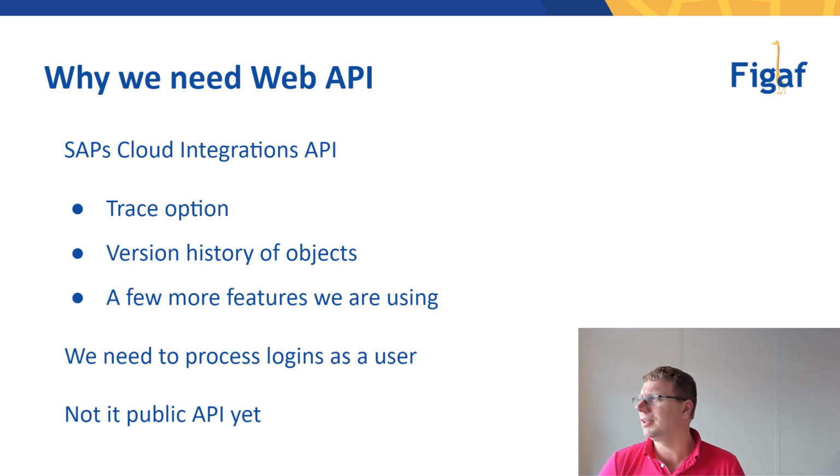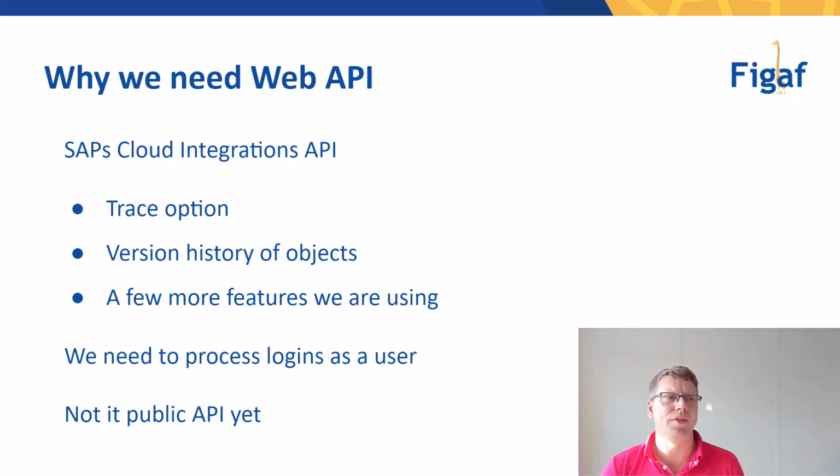Obviously it is one of the things we're not proud of, but we use the Web API because it has some things that are currently not available in the private API or the public API. This is enabling trace for an iFlow and viewing version history of an object, so you can see who made a change on it last and when it was changed last.